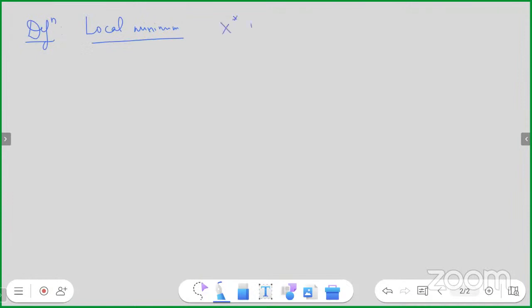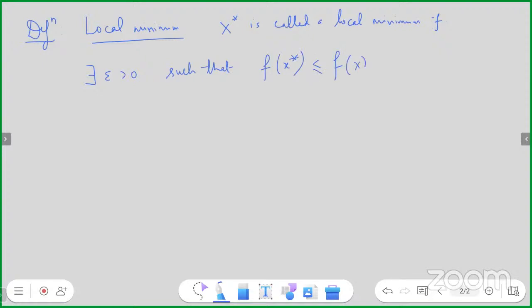x star is called a local minimum if there exists an epsilon greater than 0 such that f of x star is less than or equal to f of x for all x belonging to the epsilon neighborhood of x star.